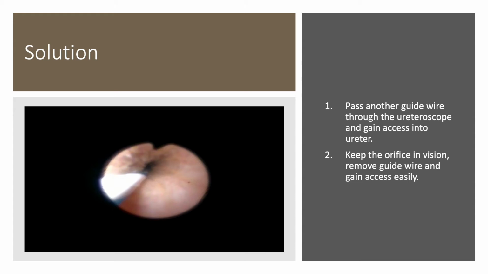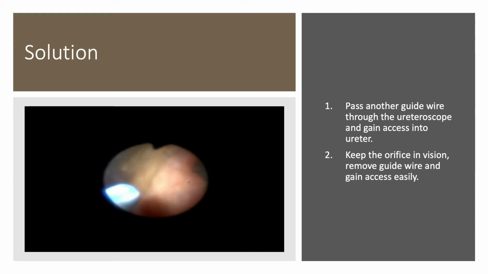How will you manage the problem of the guide wire hindering the entry of the flexible ureteroscope into the ureteric orifice? There are two options. Pass another guide wire through the ureteroscope and gain access into the ureter. It is better to remove the previous guide wire for easy entry of the scope. The second option is for the more experienced surgeons.